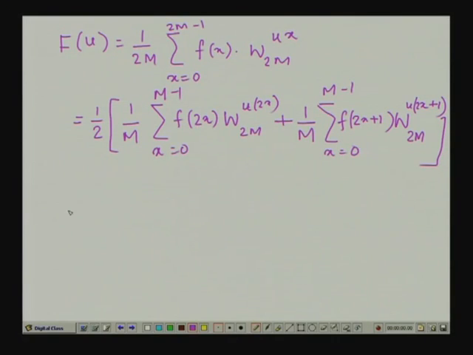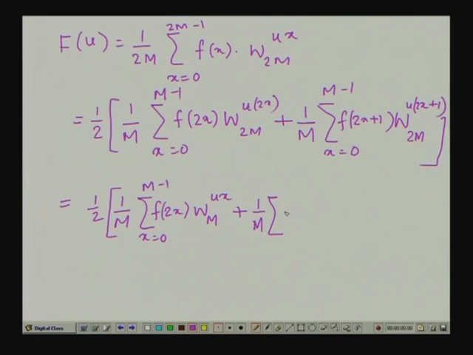And if I further simplify this particular expression, it can now be written in the form half into 1 upon capital M summation f(2x) into W_M to the power ux, where x varies from 0 to capital M minus 1, plus 1 upon capital M summation f(2x plus 1) W_M to the power ux into W_2M to the power u.